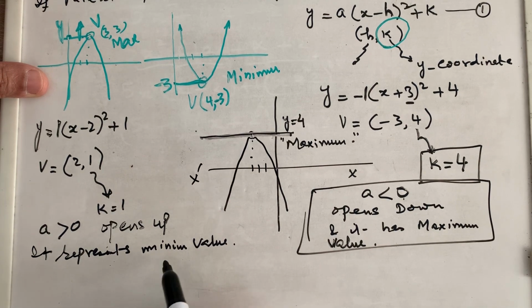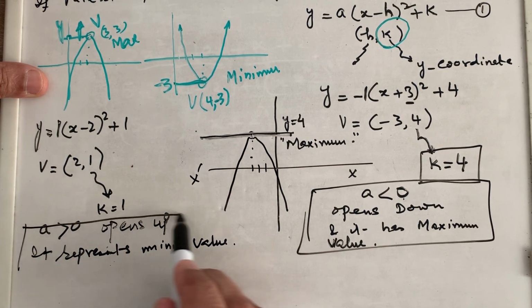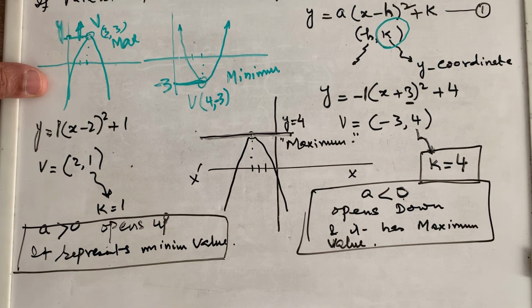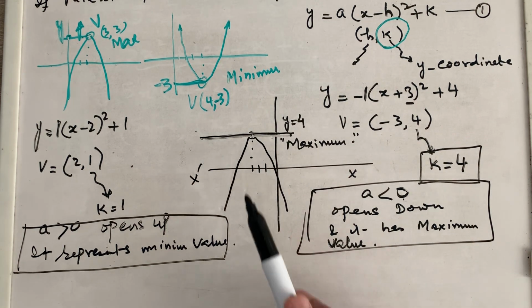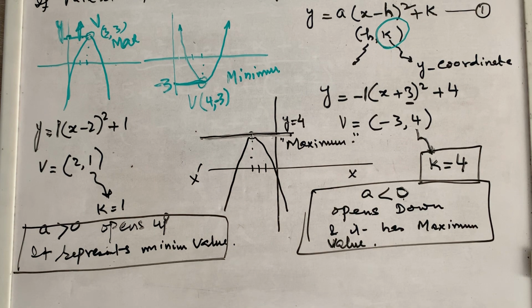So this is your minimum value. So two things we have to keep in our head: if it opens up, it represents the minimum value. If it opens down, it represents the maximum value. And how to calculate? Just compare it with the standard form. Find out the vertex, and the k value of the vertex or the y coordinate of the vertex represents the minimum or the maximum value, right?